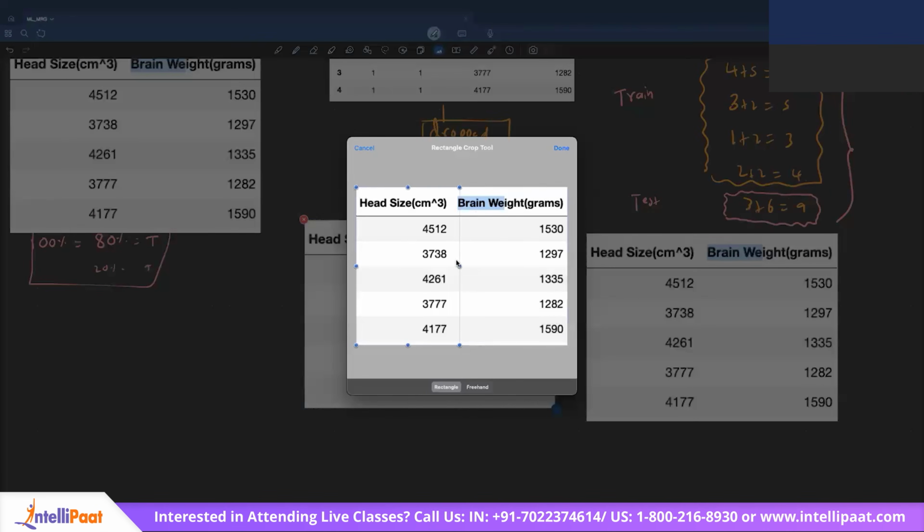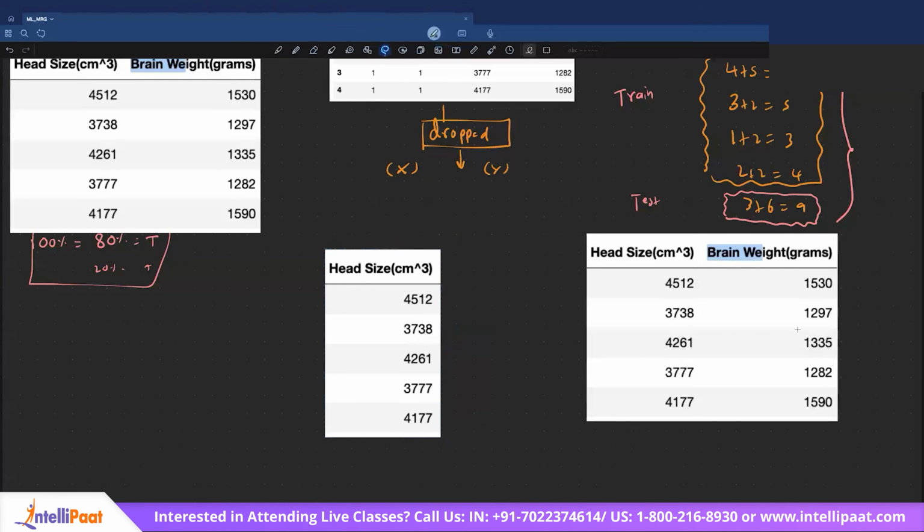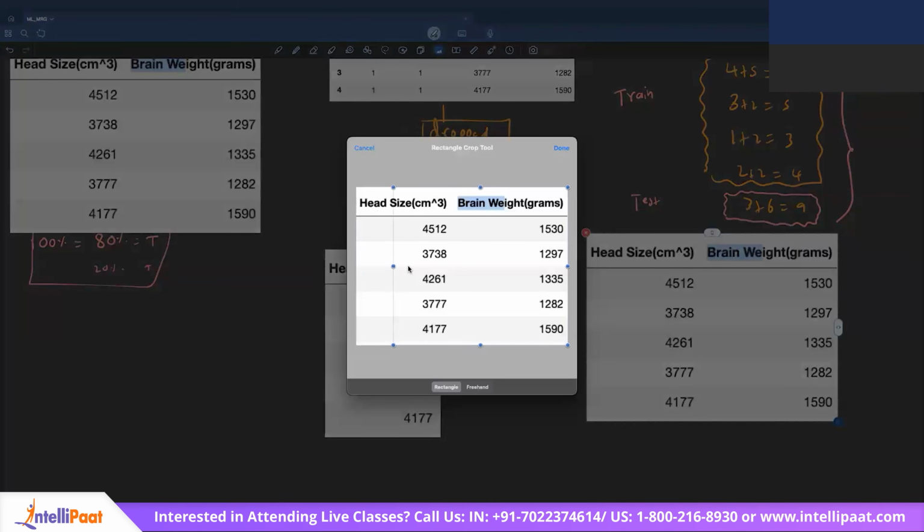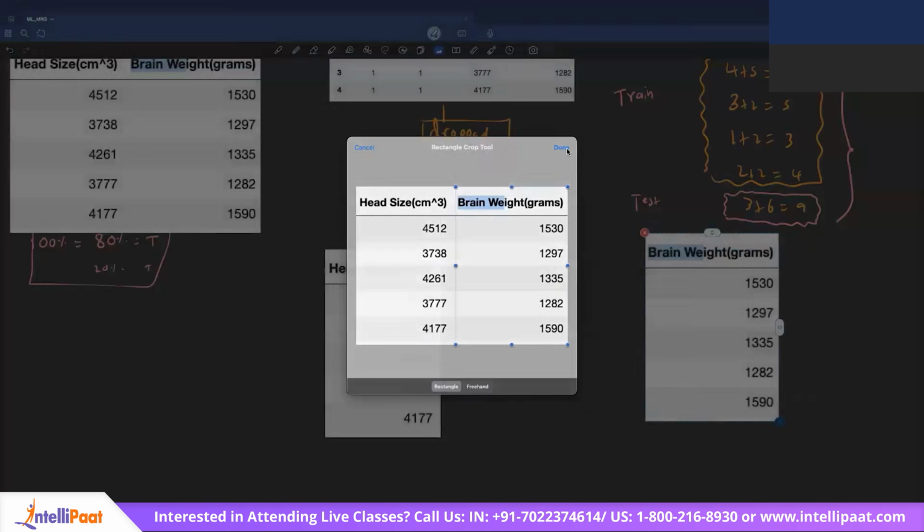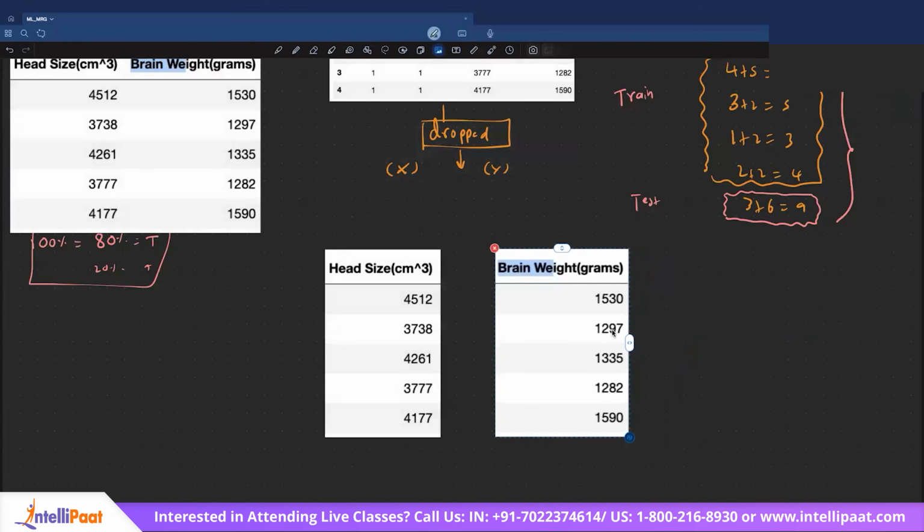Basically, this is going to be my feature set, separate. And now I am taking another cut, which is my target variable, separately. So I separated my feature and I separated my target.